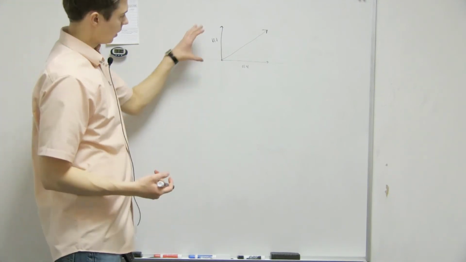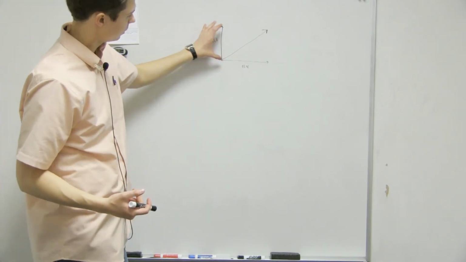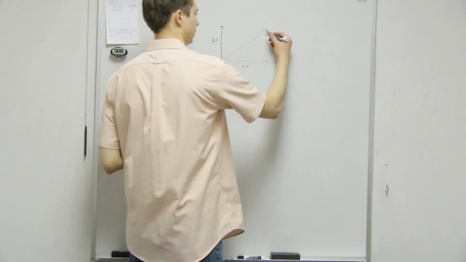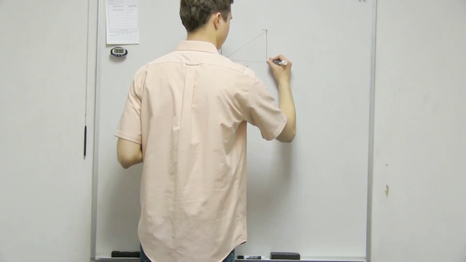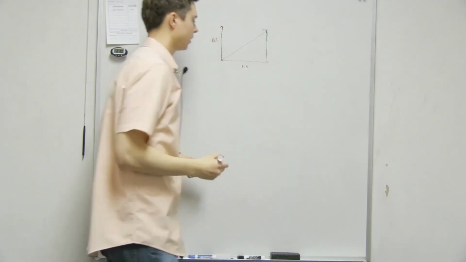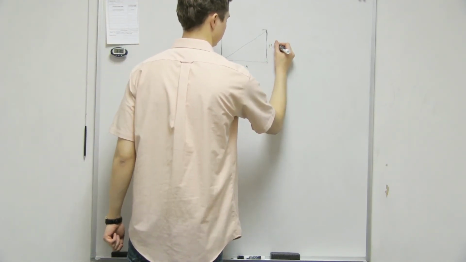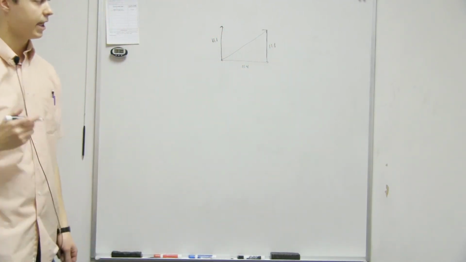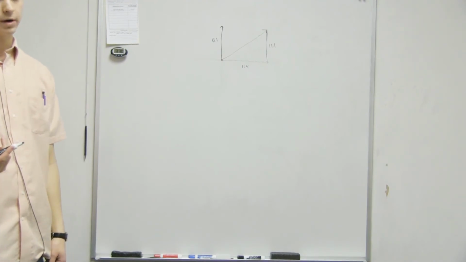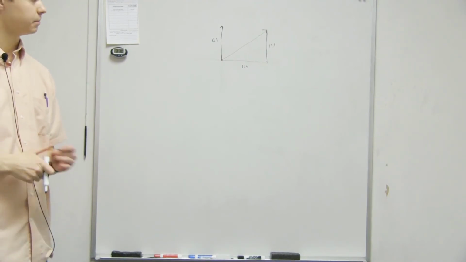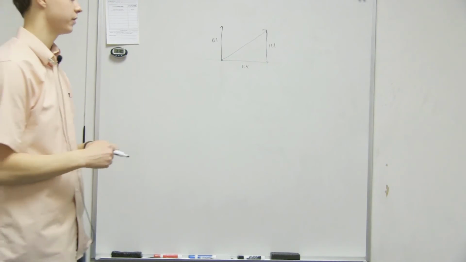So again, if we just pick this guy up here and move it over here, we have a right triangle. And we know the lengths of two sides of our right triangle. And we know that a squared plus b squared equals c squared in accordance with Pythagorean's theorem. So we can just solve for the hypotenuse using that.